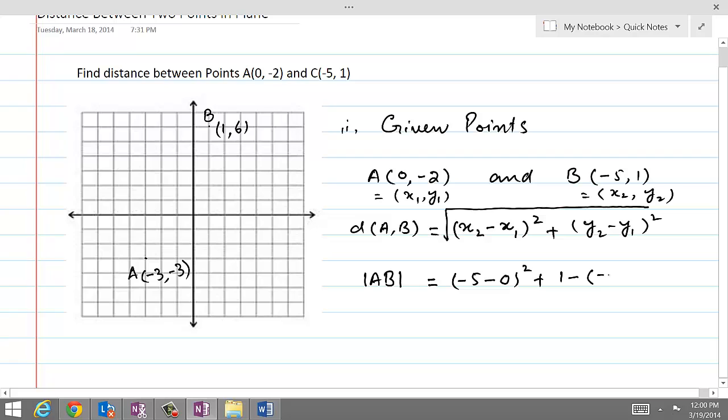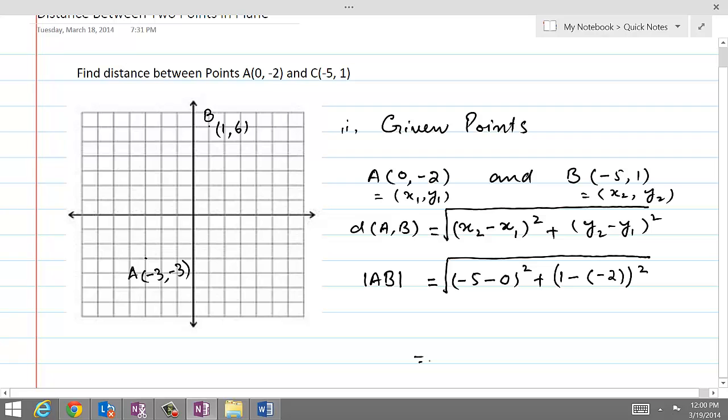That's why we have to place the bracket and write the number -2 inside the bracket so that we stay clear which sign belongs to the formula and which sign belongs to the number, and then place the bracket outside for placing the square and then take the square root. So that's the way to do it.